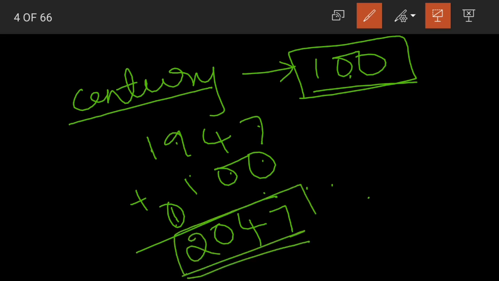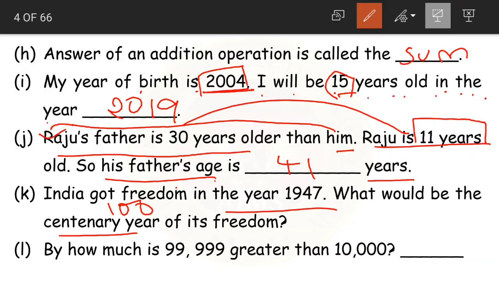So, in the year 2047, India will complete its 100 years of being a free country. 2047 will be the centenary year of India's freedom. Yes, we added 100 to 1947.